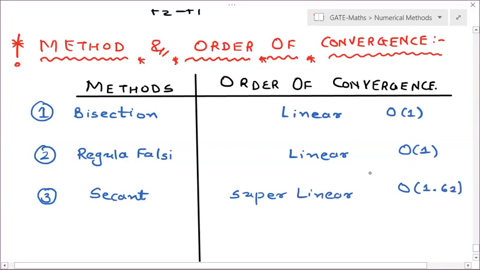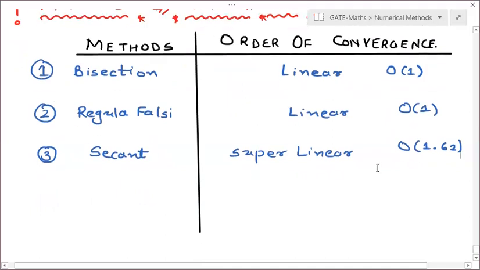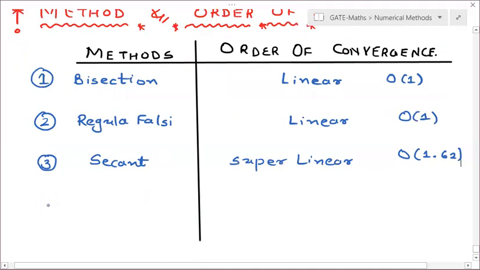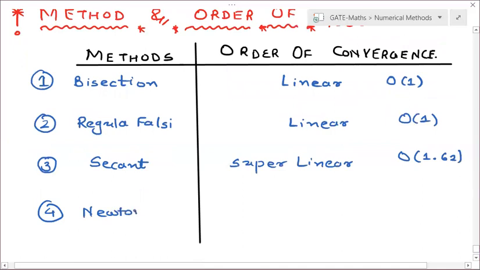That's why it is superlinear, but you cannot rely on it. And last but not the least, Newton-Raphson. It has quadratic convergence, isn't it? That's why we learned it in more detail. It has quadratic convergence, so its order of convergence is 2.